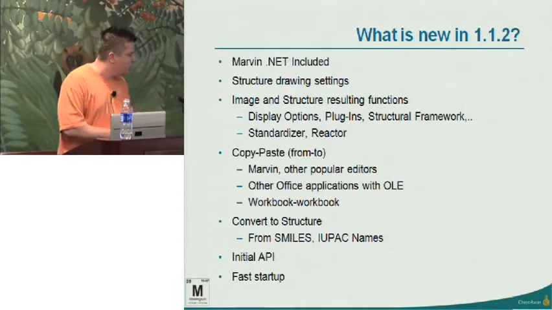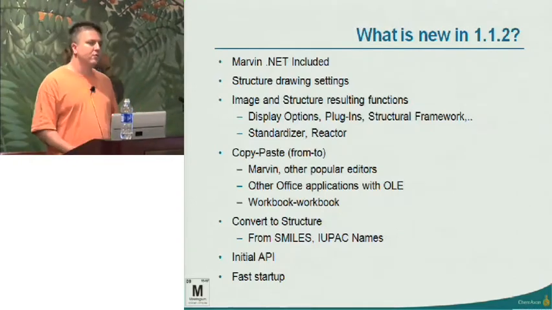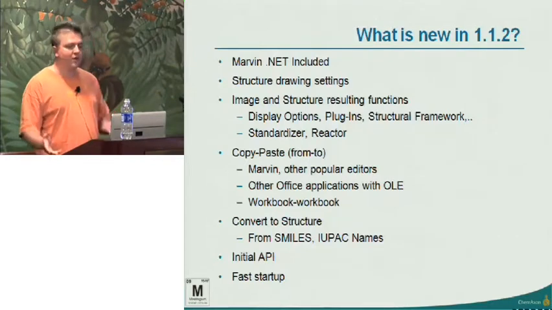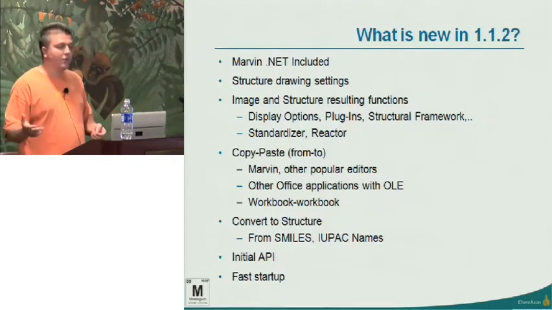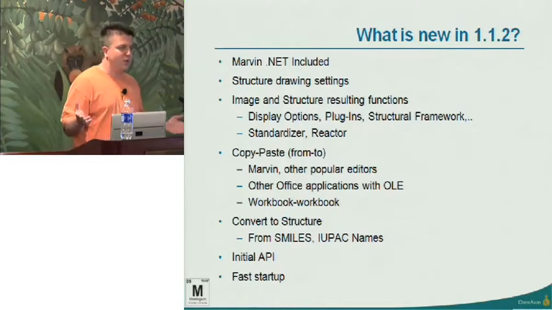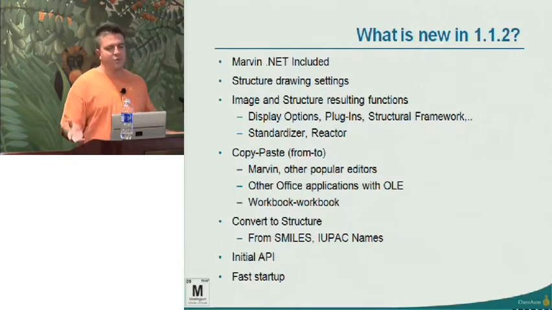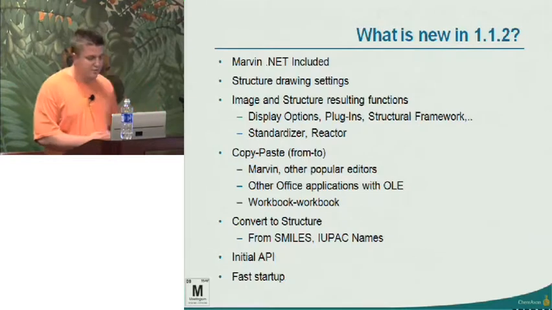Initially, we included only 3 functions: one for adding structures into JChem for Excel, the second one for performing an import from a file into JChem for Excel, and the third one for getting structures out from JChem for Excel. So if you have an application, through this API you can communicate with the JChem for Excel instance.